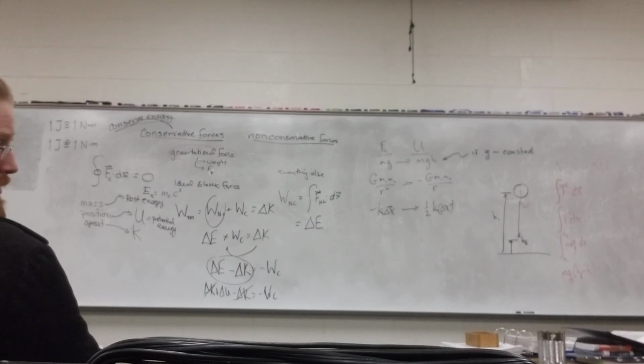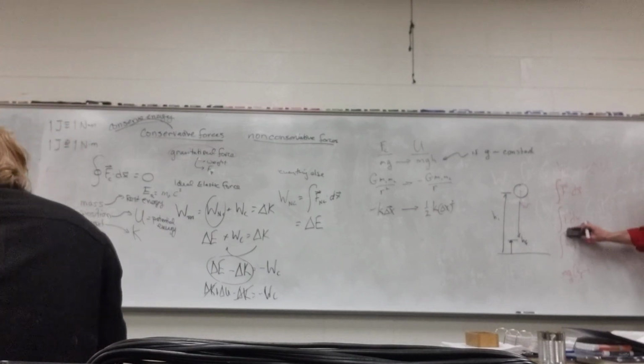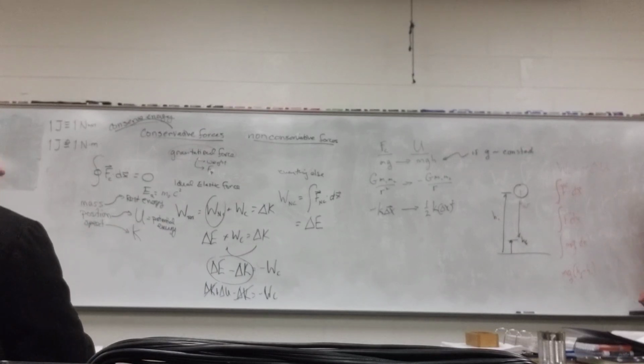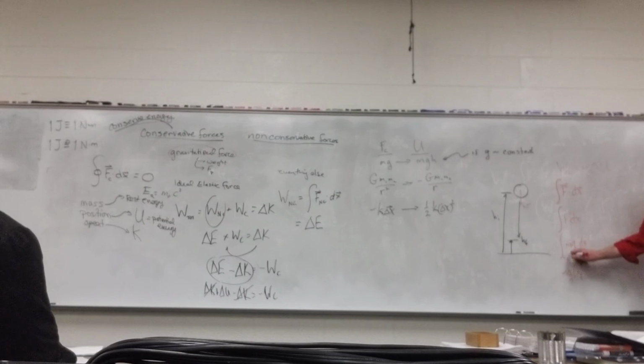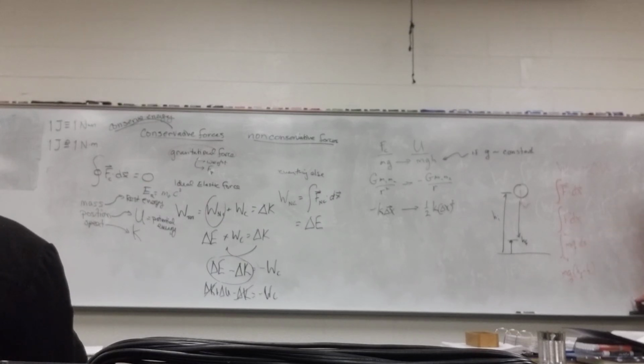When you integrate, you go from the smallest to the largest value. So this is hf to hi. And that's equal to the negative u final minus u initial.